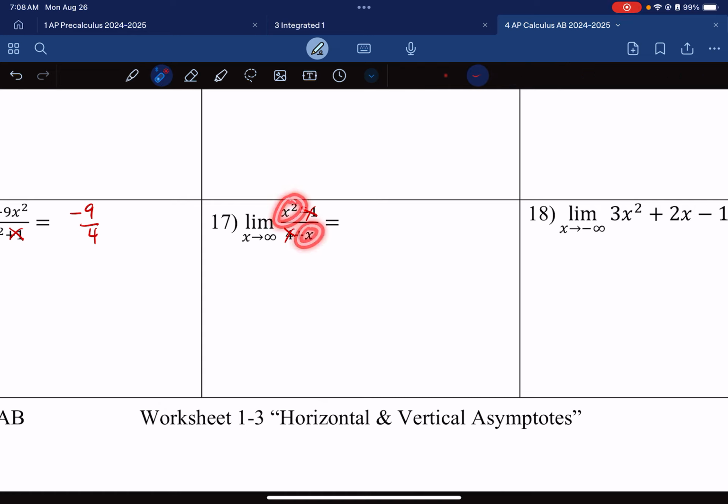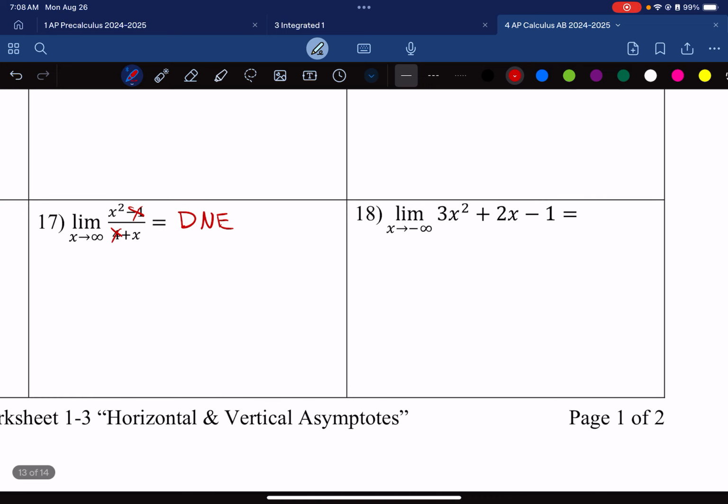X squared is a larger degree than the x, so this one is a does not exist. And in number 18, oh no, there's no fraction, Mr. Sindel. Really, there is a fraction. Here it is. There's a bar, there's a 1 on the bottom. The degree of the top, cross off all the smaller things. It's a degree 2 versus a degree 0. This is a does not exist because the top is a larger degree.